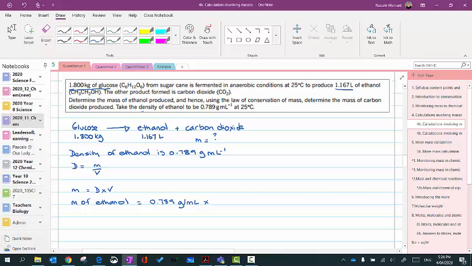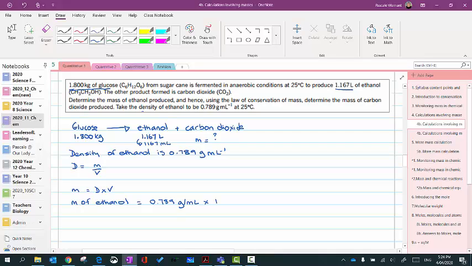The ethanol that's been given to me in liters, so I actually need to convert this to milliliters. Okay, so a reminder that 1 liter is 1,000 milliliters, so 1.167 liters times 1,000 is 1,167 milliliters.